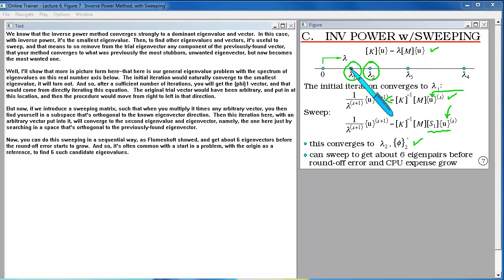Now you can do this sweeping in a sequential way, as Flamenhoff showed, and get about 6 eigenvectors before the round-off error starts to grow.